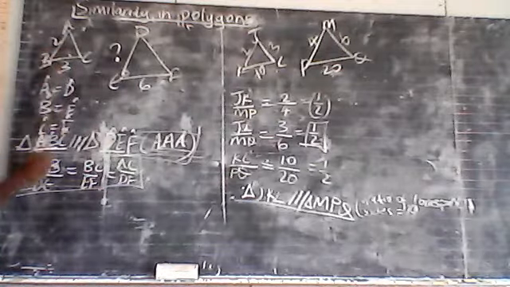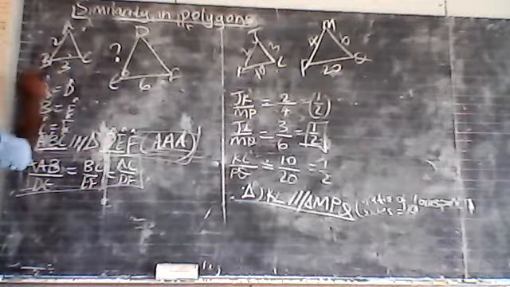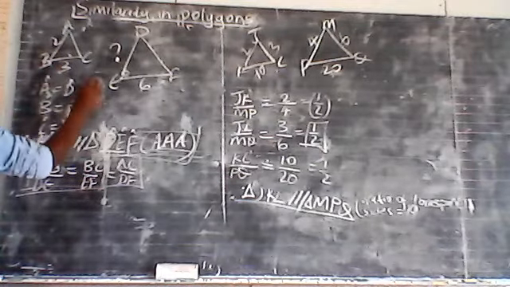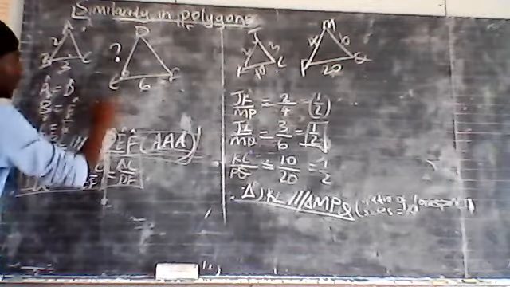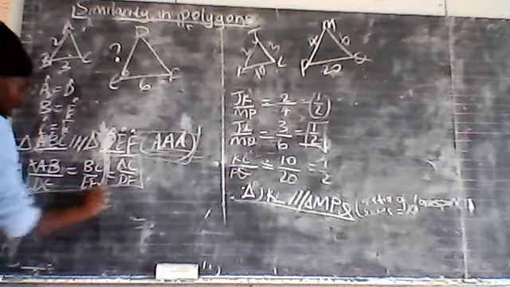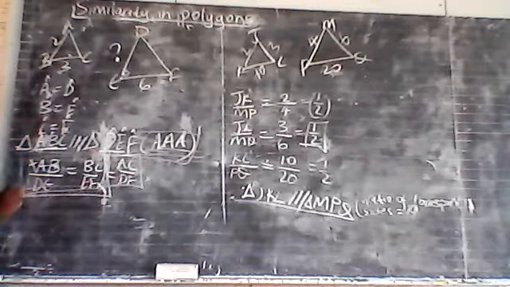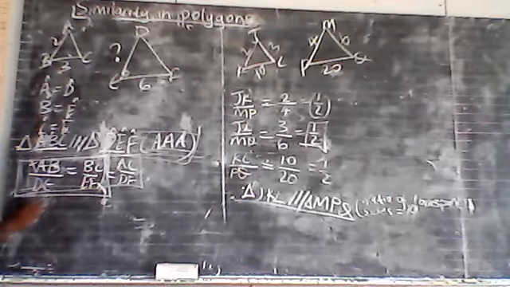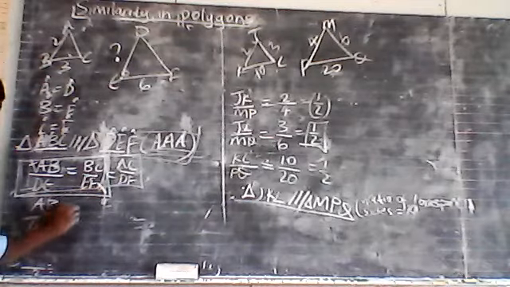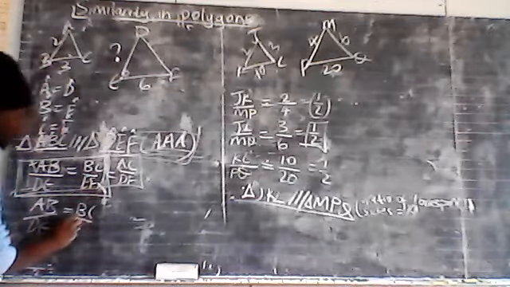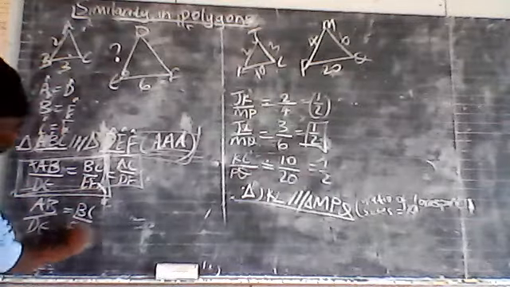So you are having AB, I'm having AB there. I'm having EF. EF is 6, so I'm having EF there. So when I picked the two, you could tell that for this one you should use AB over DE is equal to BC over EF, guys.